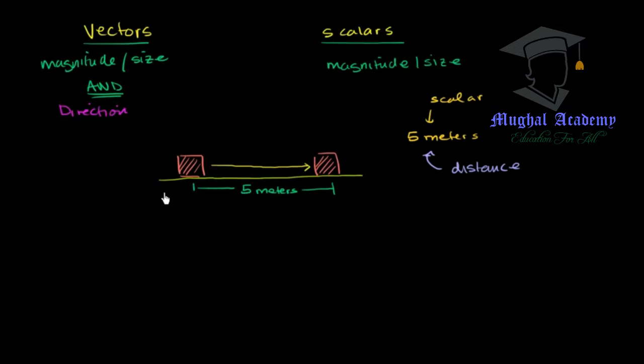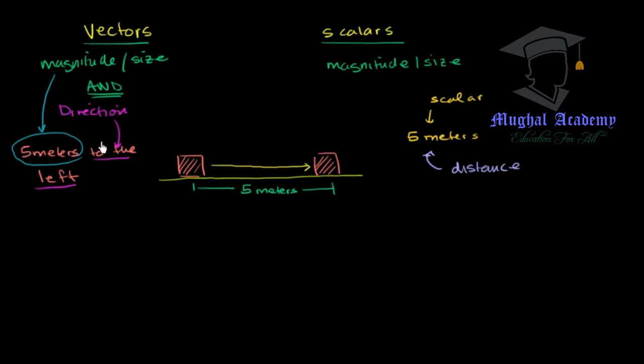If you want to specify that, we could say that this brick moved 5 meters to the left. Now we have specified a magnitude right over there. So that is a magnitude. And we have specified a direction to the left.